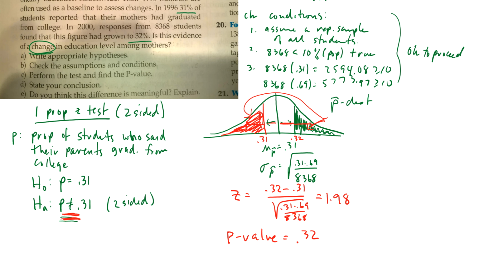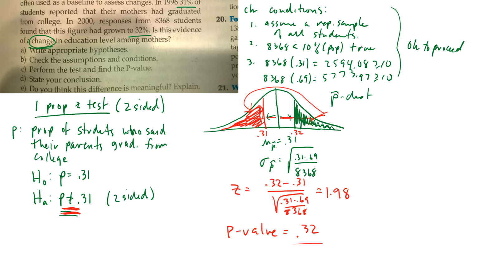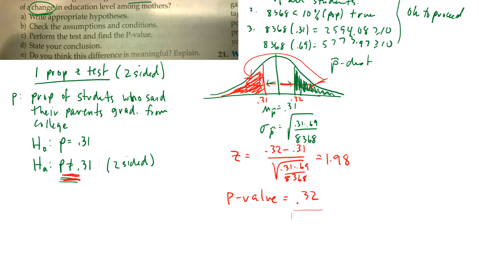Okay? So is that evidence? Well, let me restate that. Is that evidence that p is not equal to 0.31? Well, the chance of that happening, something more extreme, is 32%. Is that likely? Yeah, I mean, 32%. I'm not surprised if it happens, let's put it that way.